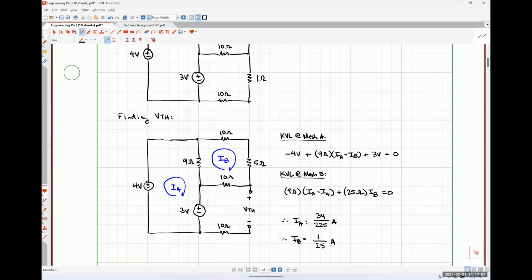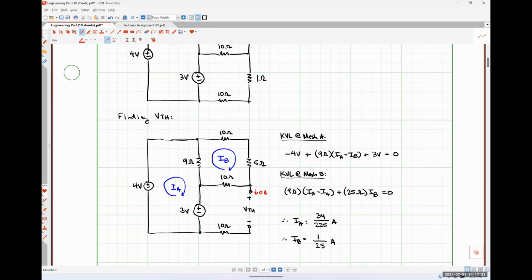I do want to be clear, and I think we might be thinking the same thing, but speaking about it differently. There is no current, let me put a label here, that we know for sure is going to branch off of IB and flow down through this particular path because it contains an open circuit.